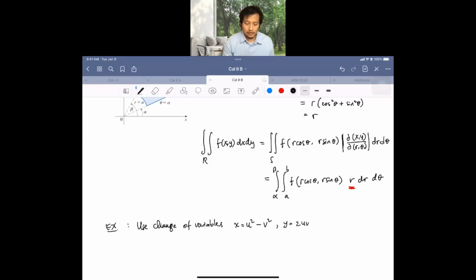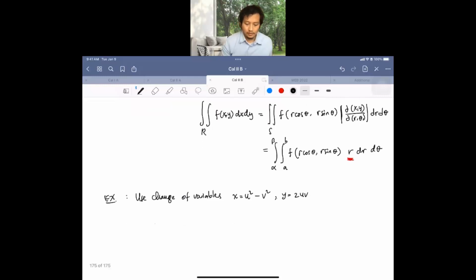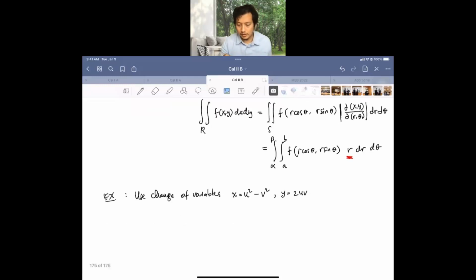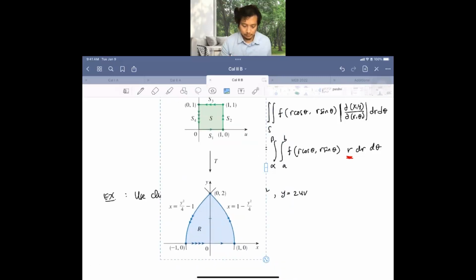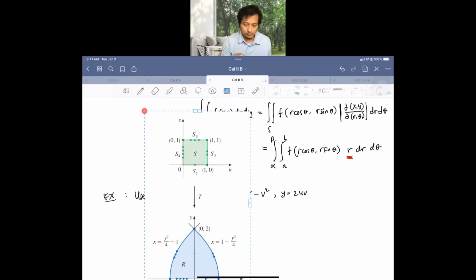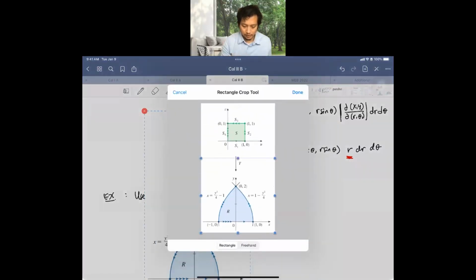Let's say we have this. It's the same object as what we have done. I think I can just take the image from before. This image. Crop this.